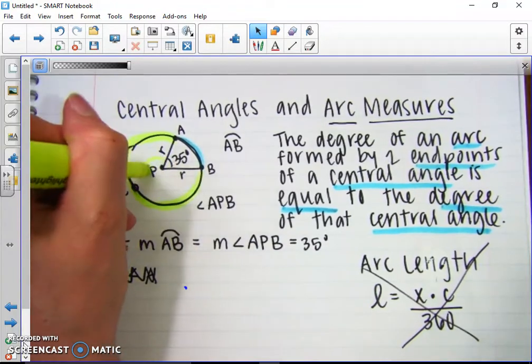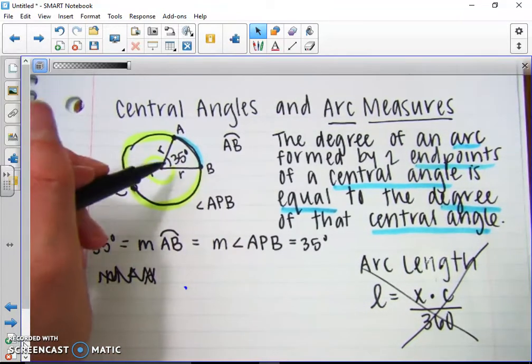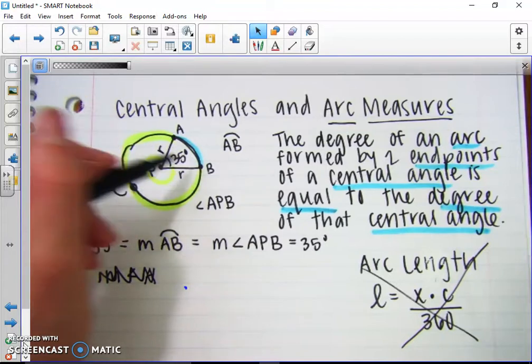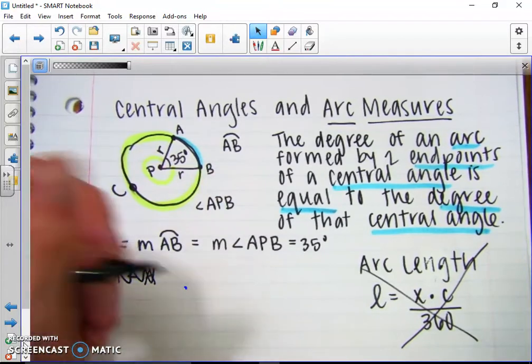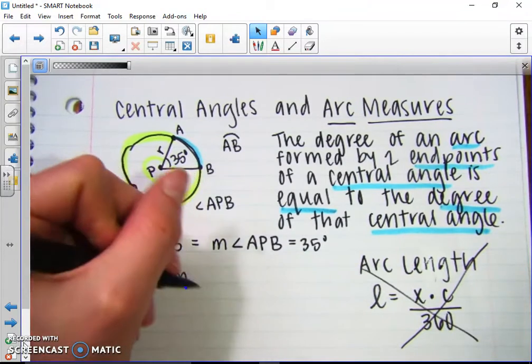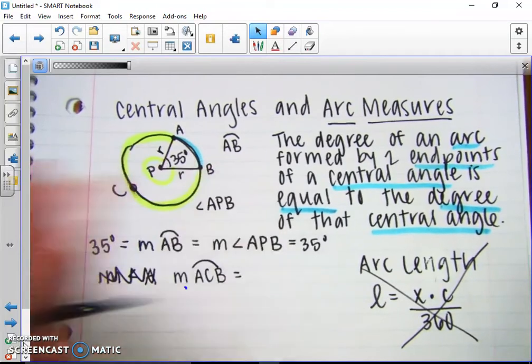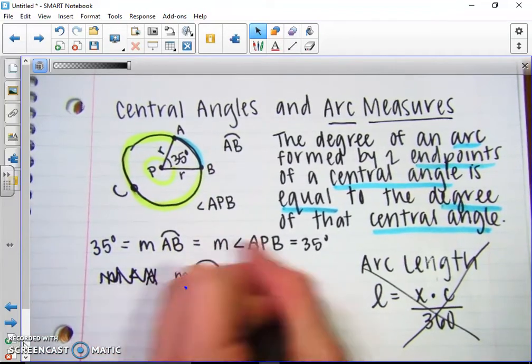If we're looking at this angle right here, it's clearly not 35, it's going to be much larger than that. So I can't write it as the angle APB because that's 35. Here's how we would write it. We would write it as the arc measure, so the measure of the arc ACB, and we could find out what that is.